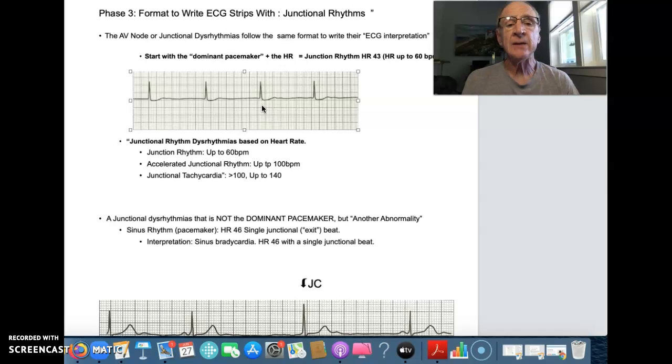Over 60 beats per minute, it gets pushed into another category called accelerated junctional rhythm, which has a range up to 100 beats. If the rhythm is greater than 100 beats per minute, it goes into the last category, a junctional tachycardia, where the heart rate is over 100 beats and rarely gets over 140.